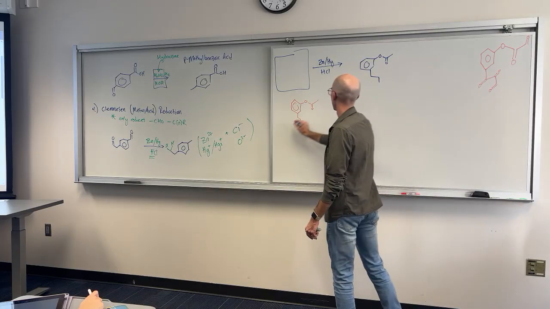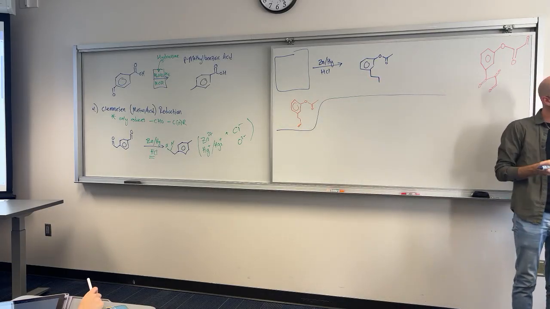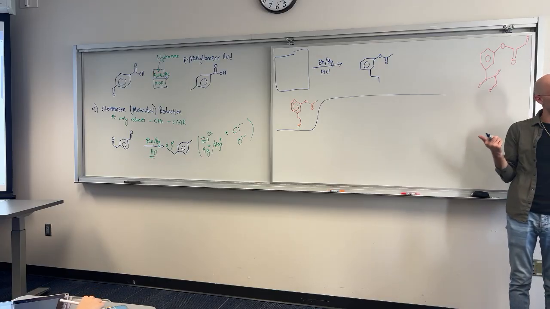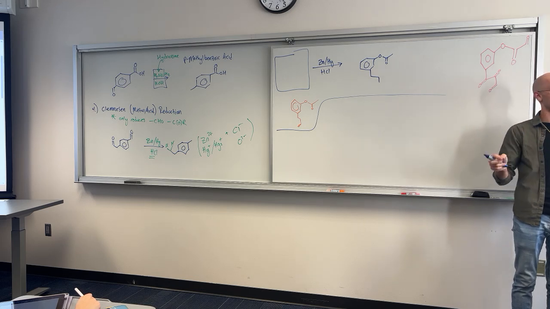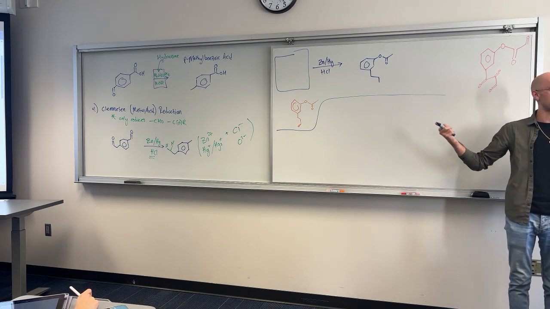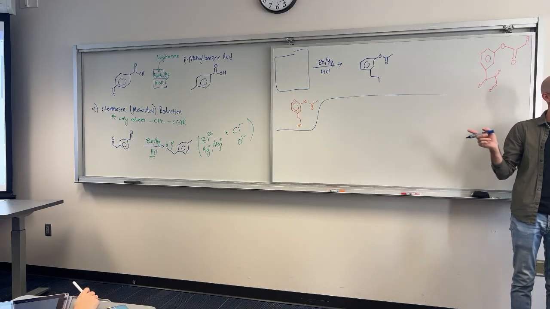Is this type of reaction typically only done with zinc and mercury and hydrochloric acid? My understanding is that it's pretty much only done with zinc and mercury. There may be other metals that you can switch it for, and then it might not be called the Clemmensen reduction, because I think Clemmensen gets his name added to it because of the metals. We're actually going to talk about that in section 16.